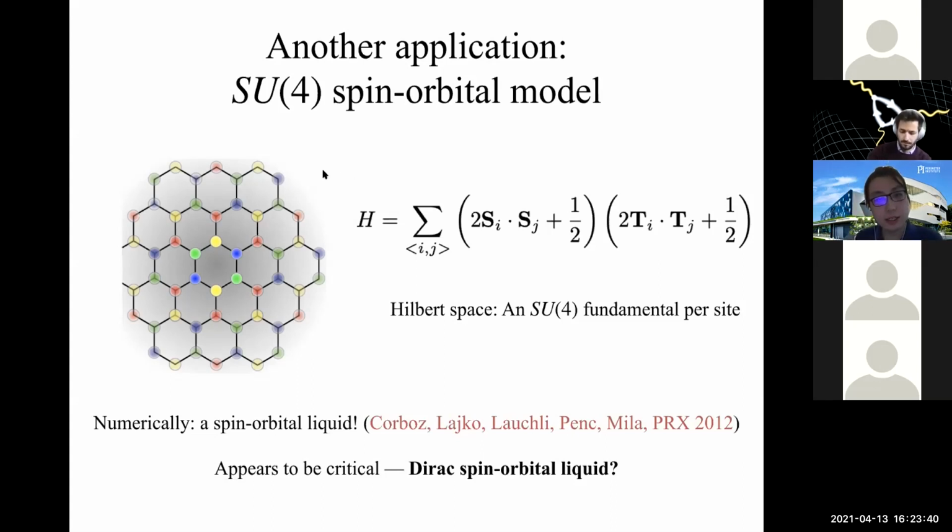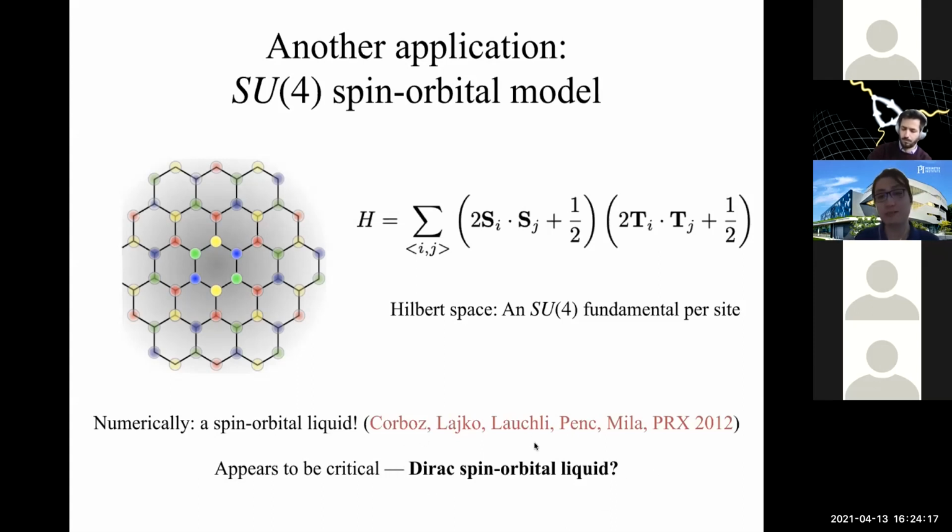So there is a particularly interesting model which has attracted some attention over the past, well, almost a decade, which is you put an SU4 spin in the fundamental representation on every site of a honeycomb lattice in two dimensions. And then you write down this model. Numerically, it was found that the ground state doesn't seem to order. In fact, it looks like a critical spin liquid.